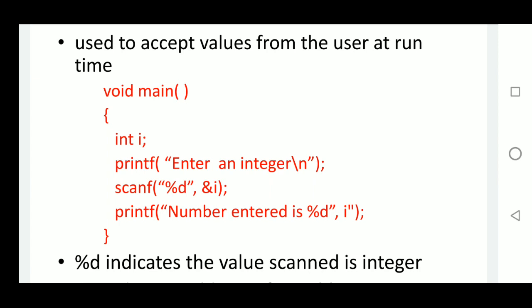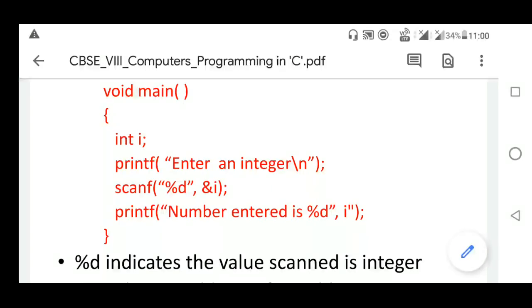Now you enter an integer, 10, 20, whatever you want. After entering the value you have to press enter. When you press enter, the scanf command will execute and take that value from the screen by using %d and save it into the integer variable i.